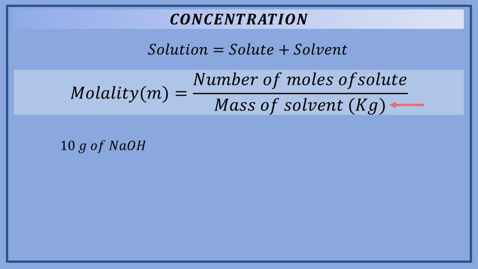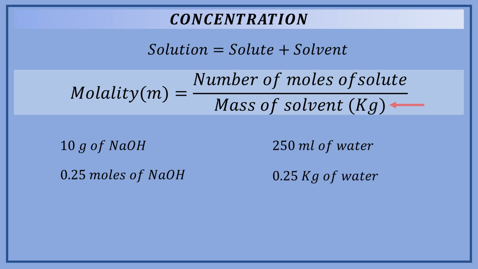In our previous example, we dissolved 10 gram of sodium hydroxide into 250 ml of water. We have labeled its molarity. Now it is time for us to label it in terms of its molality. So 10 gram of sodium hydroxide will be equal to 0.25 moles and 250 milliliter of water is equal to 0.25 kg.